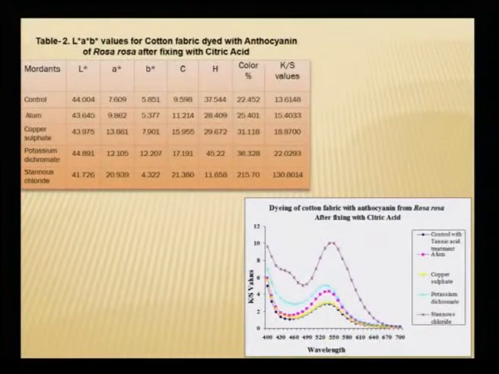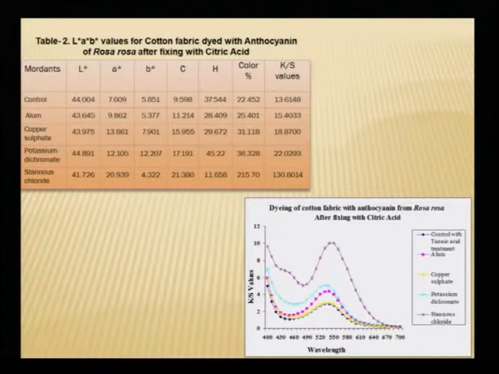So, it can be safely used, but every time we use a mordant, it should be kept in mind that the minimum amount of mordant should be used, otherwise there could be problems arising in effluent treatment or effluent management.